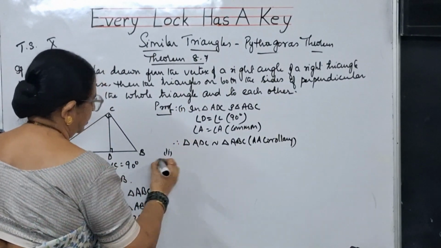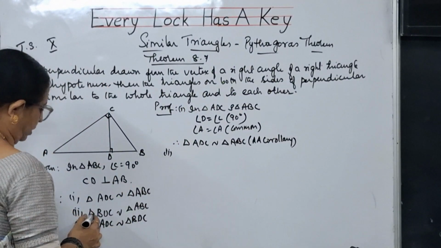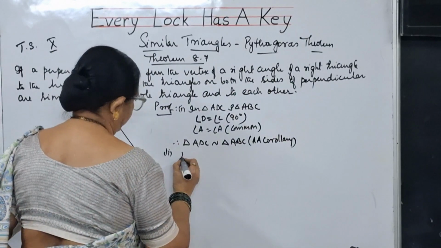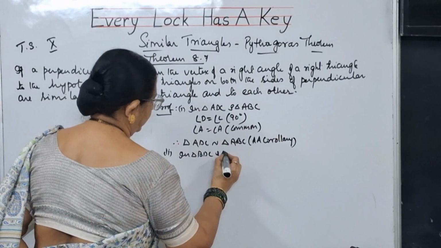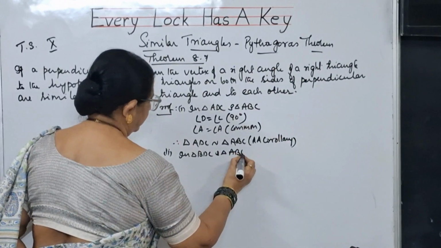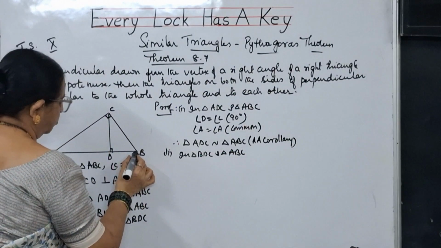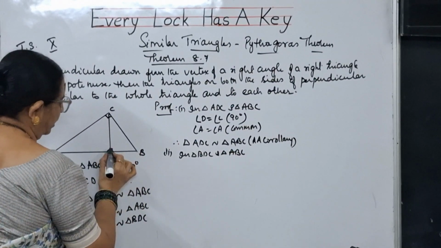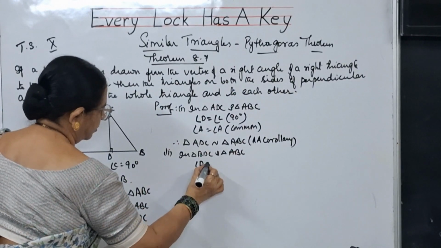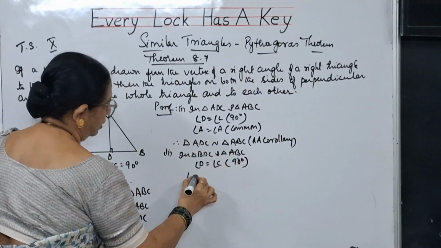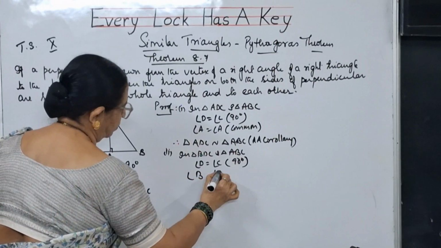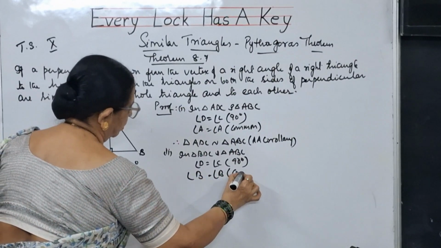Now, second bit. Second bit is triangle BDC. In triangle BDC and triangle ABC, see, this is BDC. Angle D is 90 degrees, is equal to angle C. They are 90 degrees. Angle B is equal to angle B. They are common.